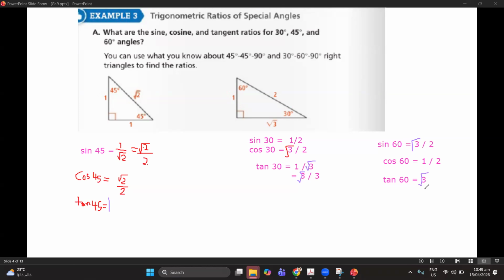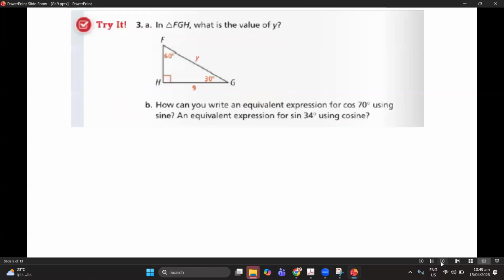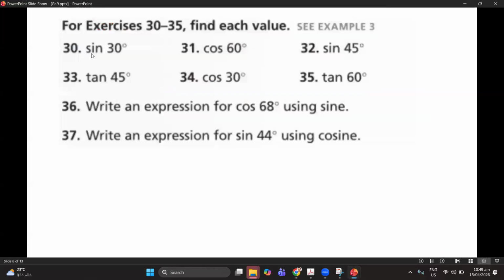Will you bring questions like that? You'll use a calculator, like the examples we solved. Yes, exactly. So now, if I ask you to find sine of 30, what is sine of 30?